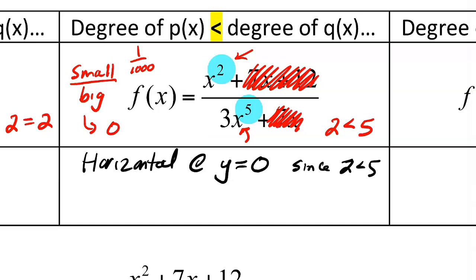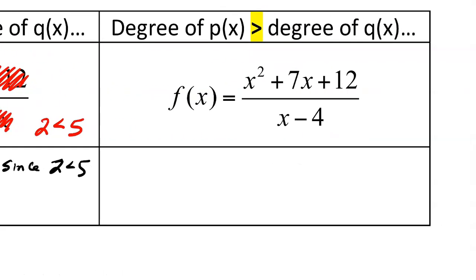And then there's only one other case. We've dealt with when the degrees are equal, when the top is less. What if the top is greater? So what if the top, that's a 2, is greater than the 1 in the denominator, which is understood to be 1? So what happens when the degree in the numerator is bigger than the degree in the denominator?